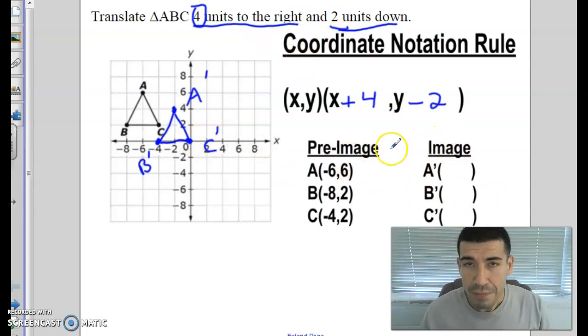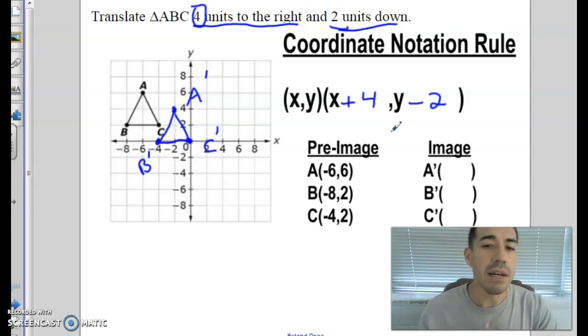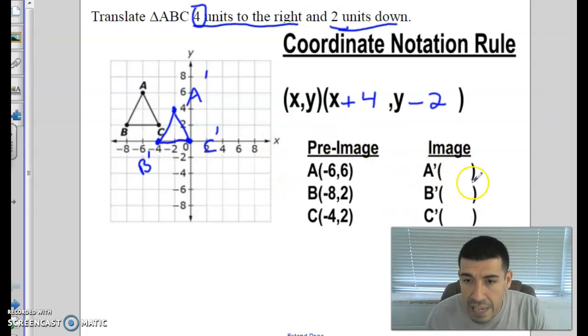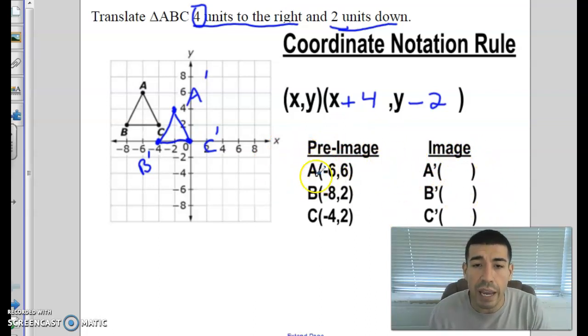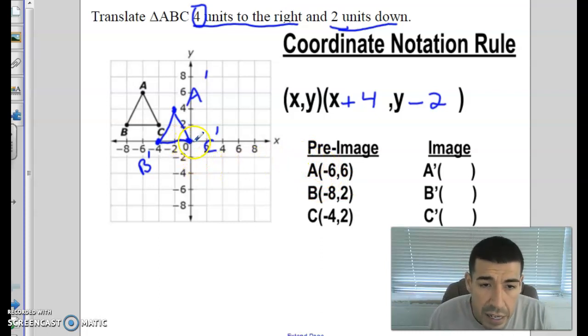So now, some of the questions that you're going to work on today will ask you, what is the image after a translation of 4 units to the right, 1 unit down, whatever. So the answer would be the coordinates. For example, let me show you where new A is. New A is here, 2 to the left and 4 up.